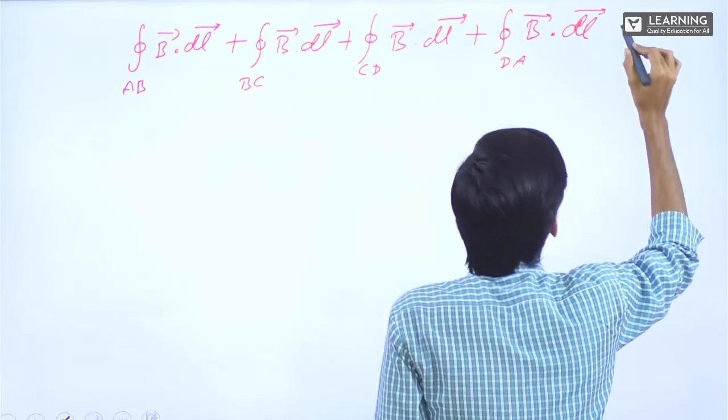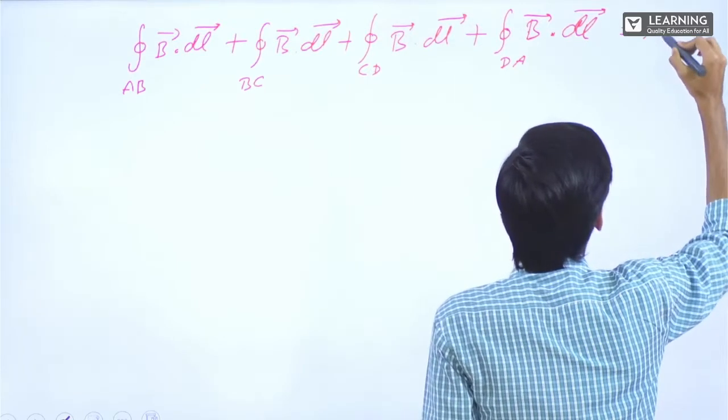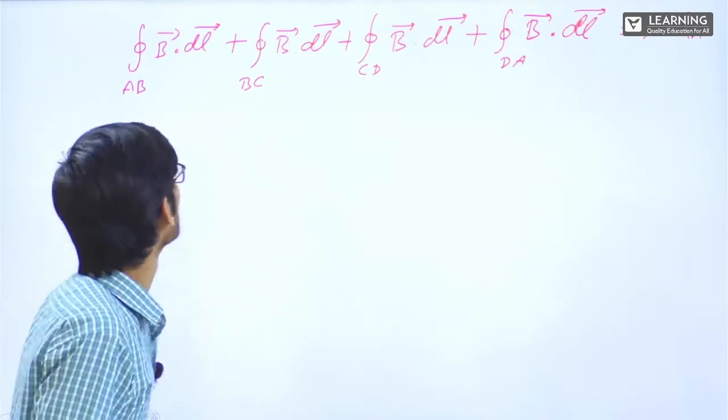Fine. That is equal to mu naught into I inside. I inside means I inside the loop.